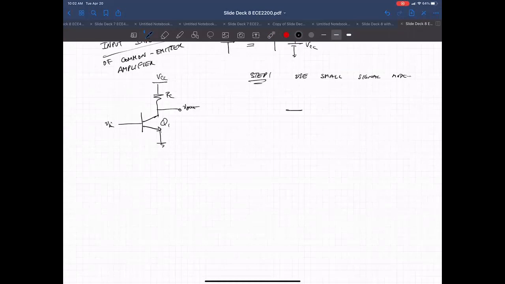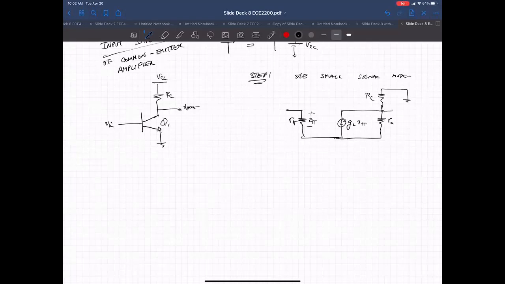We've got R sub pi, and we have our g_m V sub pi, and we have our Early resistor, our transistor's own resistor, and then we have our collector resistor. V out is here, and the emitter is grounded.